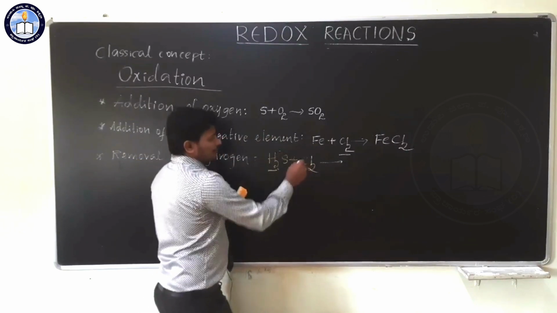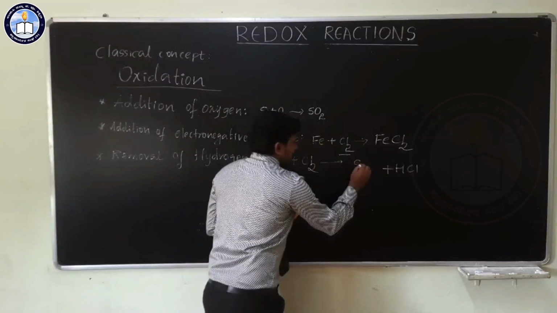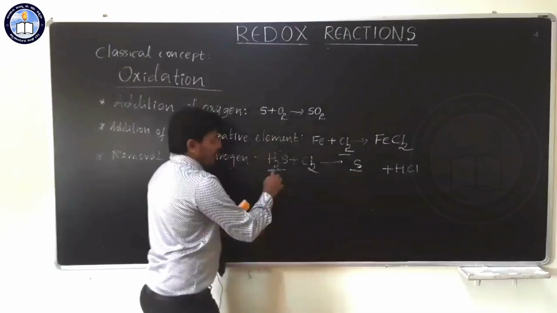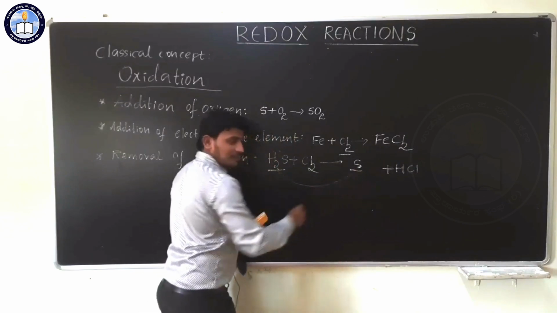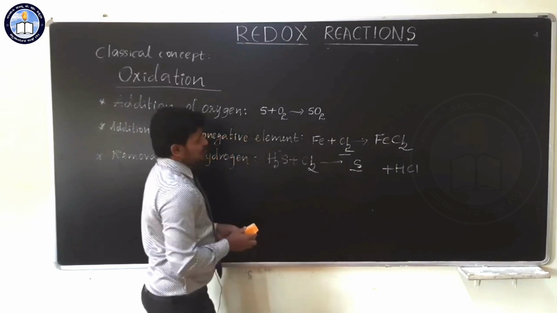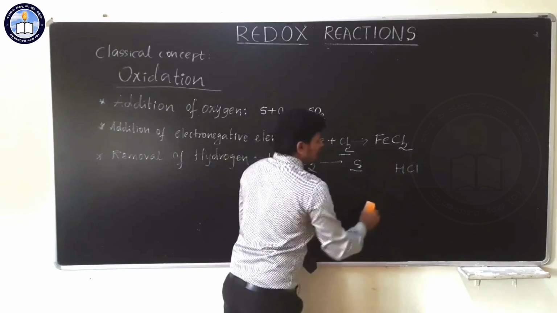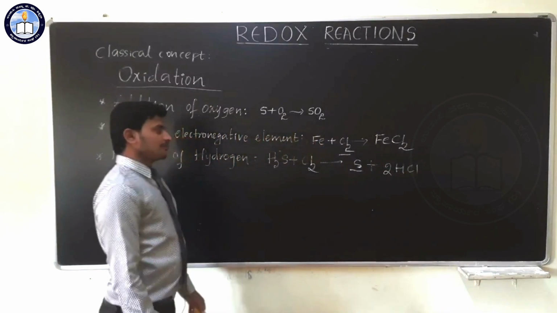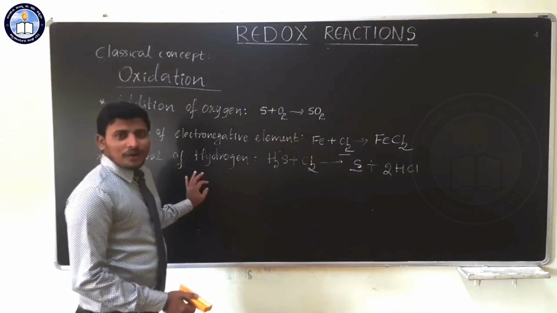The hydrogen combines with Cl and gives rise to HCl. Then we are getting sulfur. If you observe this carefully, when I compare this, hydrogen is removed and that is known as oxidation. Is it balanced? No. Cl2 is given, but here only one Cl is there, therefore I have to write 2Cl. Is it clear? And this is known as oxidation.